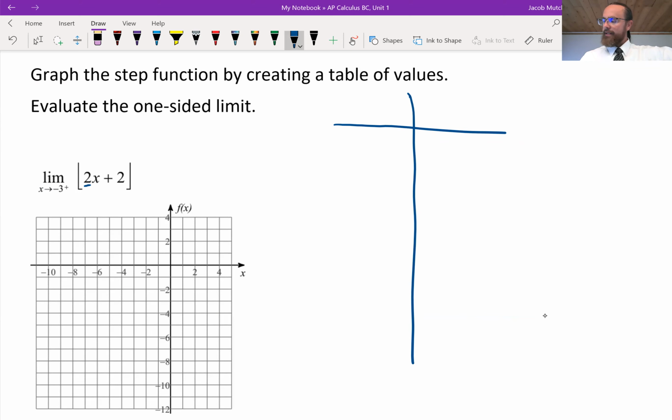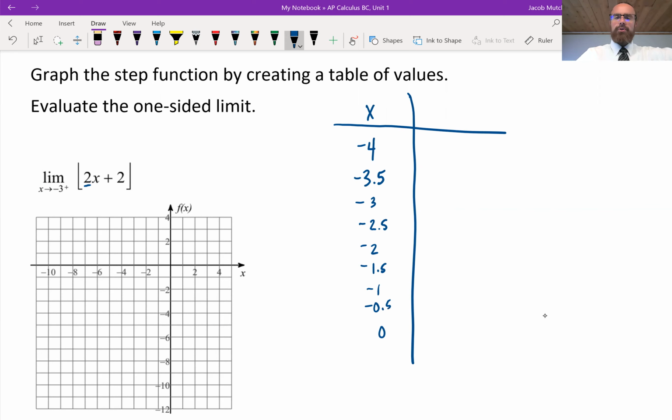So I'm going to go negative 4 as a start for my domain values, but I should go ahead and include the decimal values in between the integers. So I'm going to go negative 3.5, negative 3, negative 2.5, -2, -1.5, -1, -0.5, and 0.